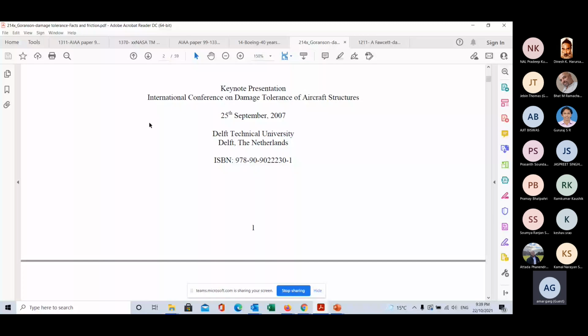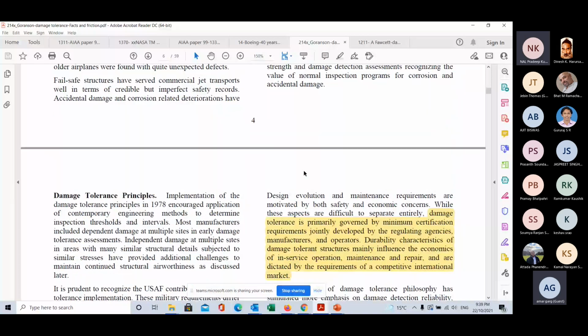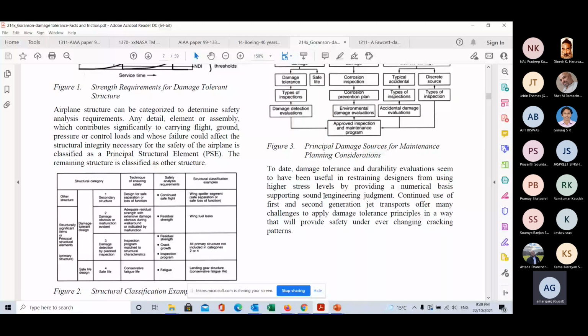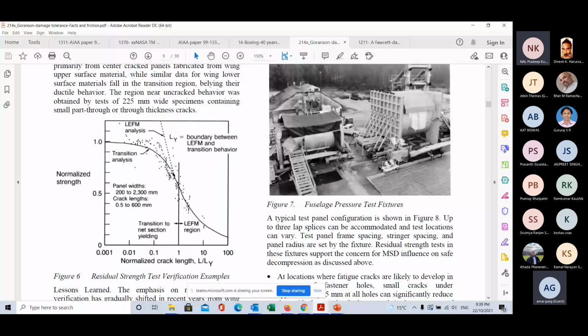It describes the damage tolerance principles beautifully here, and structural strength, inspection criteria. Now I'll show you how difficult the inspection criteria are, the way Boeing is working. Here it describes the damage lengths normalized. I won't go into details.